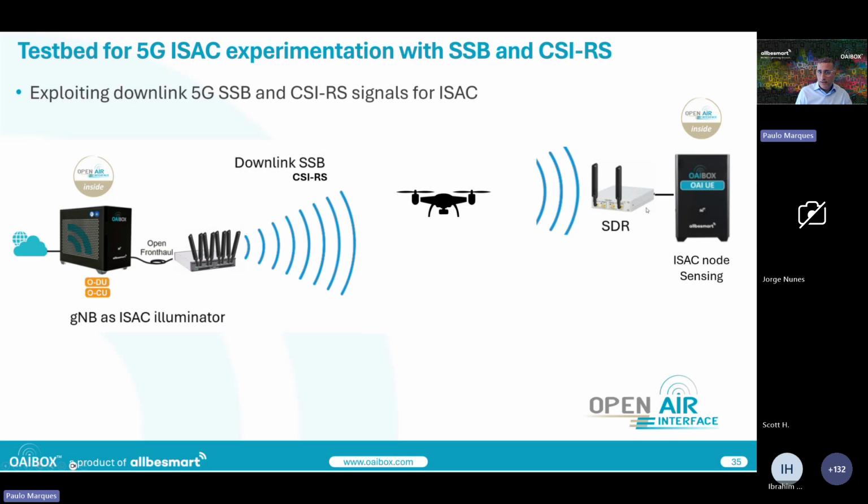So again, if you want to explore downlink signals, you need to have the OAI UE that gives access to these downlink signals. So you can build a test bed in your lab, in your campus, to detect obstacle objects.